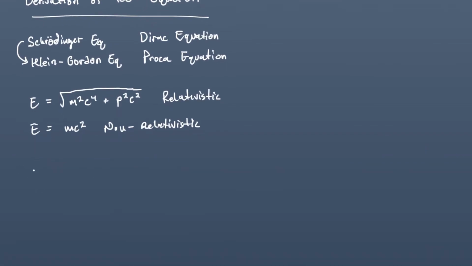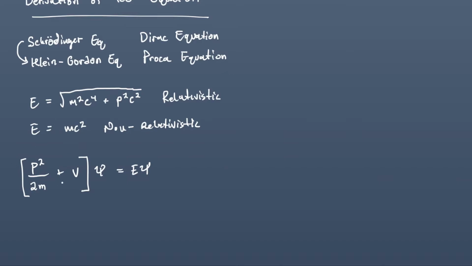So let's begin with the Schrödinger equation. It looks a little something like this, where we have p squared over 2m plus the potential, which is denoted V, not a velocity, times phi, equal to the energy times phi again.